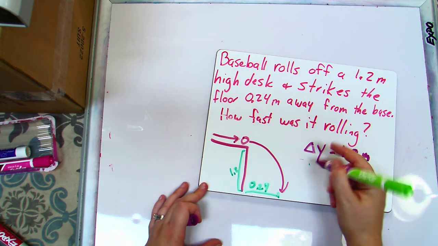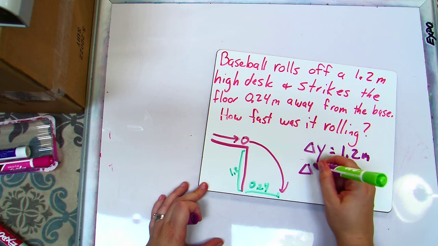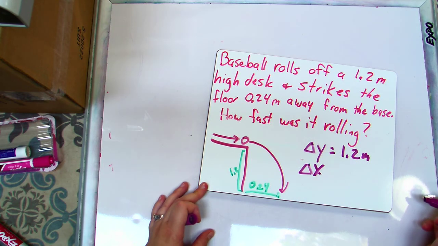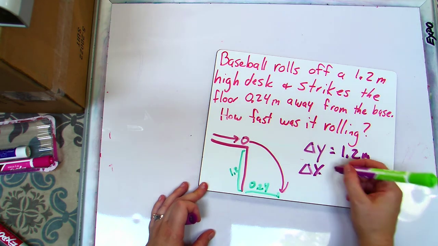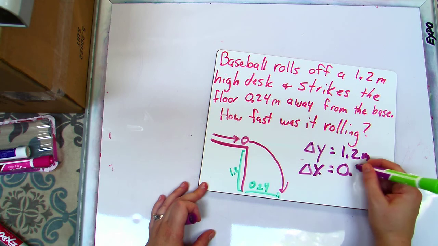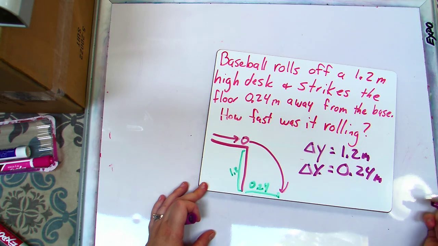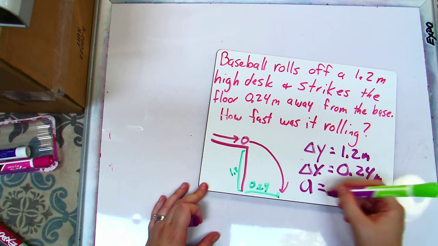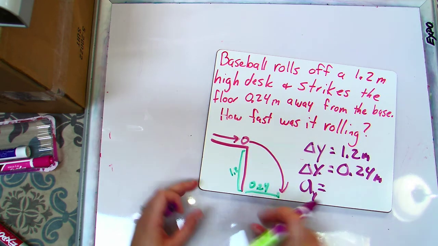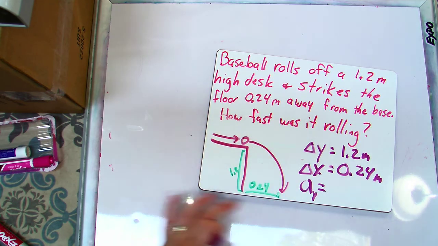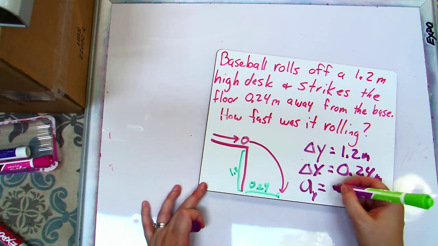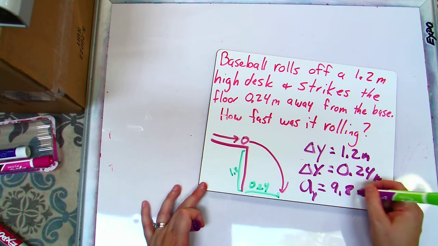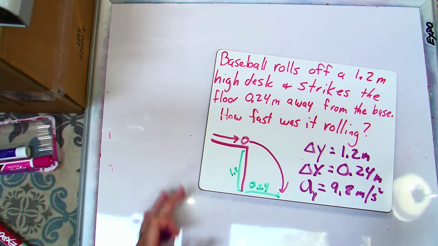We know the horizontal displacement equals 0.24 meters. There's one more thing that we know. Remember, once it leaves that table, gravity acts on it. So we know the acceleration, specifically in the y direction, as it's coming down: the acceleration in the y direction is 9.8 meters per second squared.